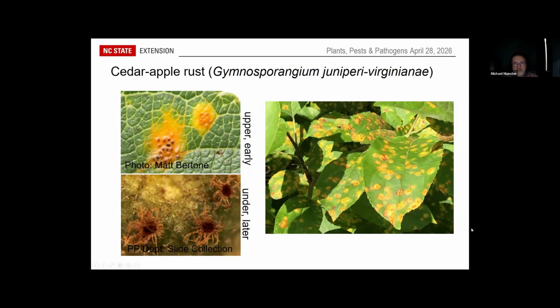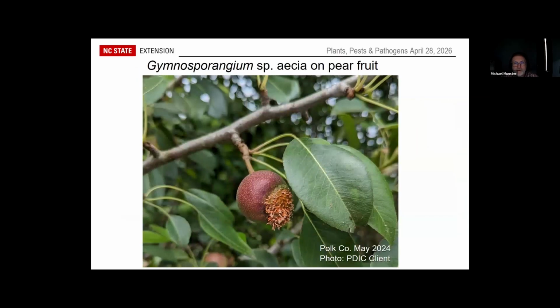And again, the leaf drop can be an important part of the problem here of this disease, the cedar apple rust. Fruit infection can occur, but it's not as common. And on pears, again, I'm not sure, I see in our clinic records that we've been calling this the quince rust, but I am not convinced that it is.